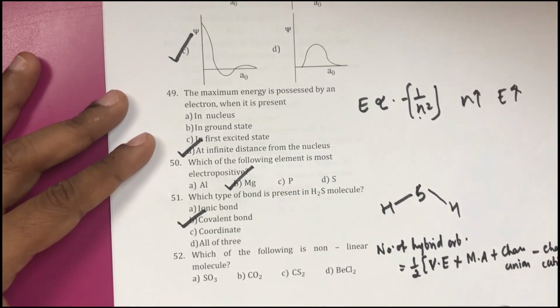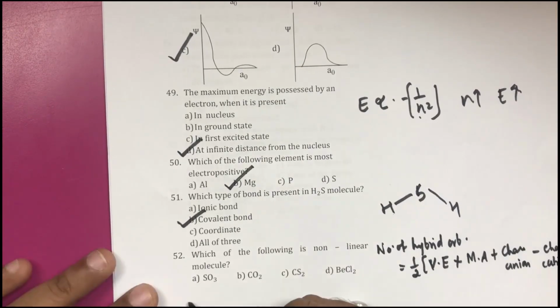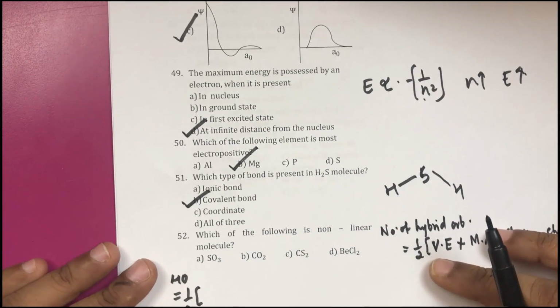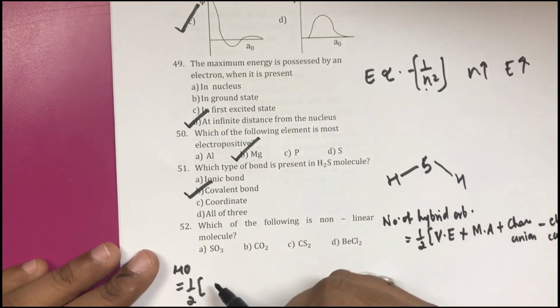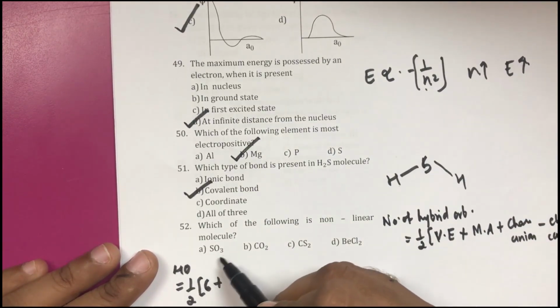First, SO3. Hybrid orbitals for SO3 is half into the outermost shell electrons of sulfur, which are 6, plus no monovalent atoms, no charge on the cation or anion.